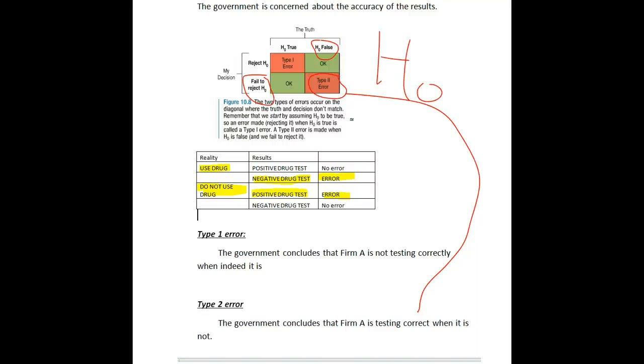The conclusion we would want to reach is either that we do not have enough evidence to say that they are not testing correctly, or that we definitively have enough evidence to say that they are not, in which case we would reject the null hypothesis, the null hypothesis being that they are testing correctly.